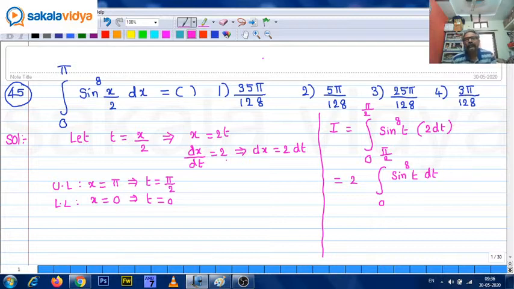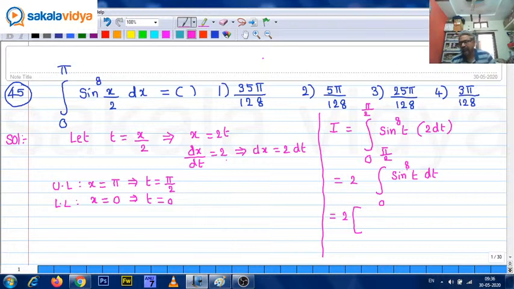Whenever you want to solve integral 0 to pi by 2 sine x to the power of 8 dx, already 2 is there, 2 multiplied. Whenever power is 8, either sine power or cos power, you remember one shortcut.